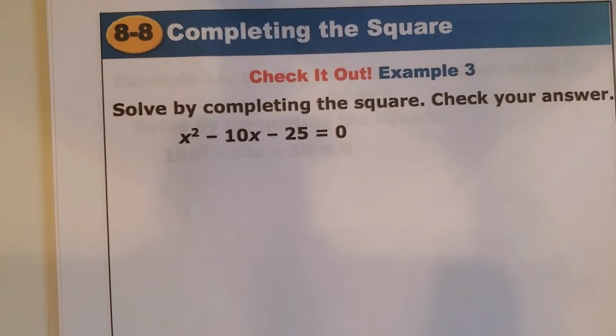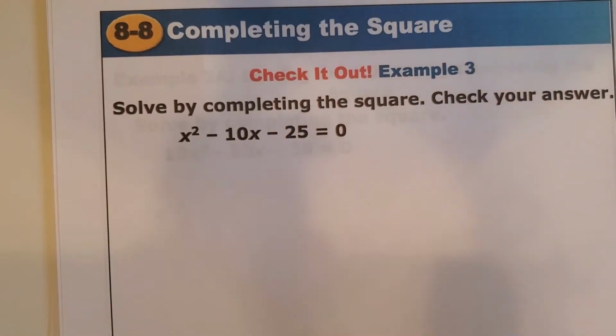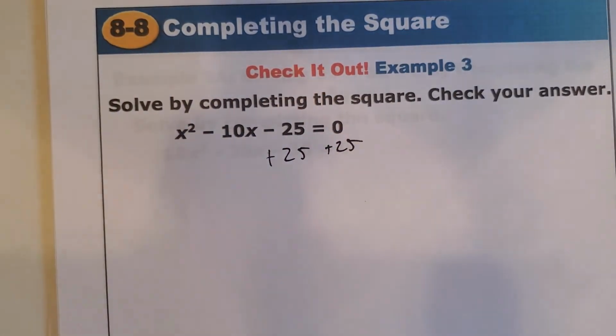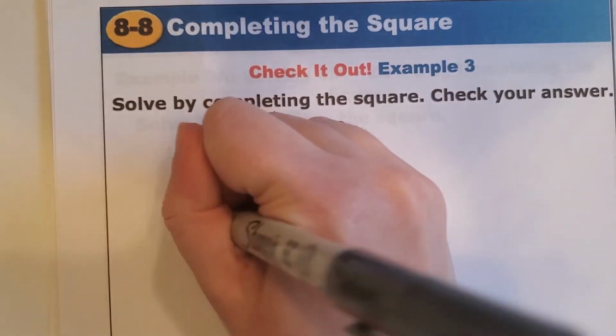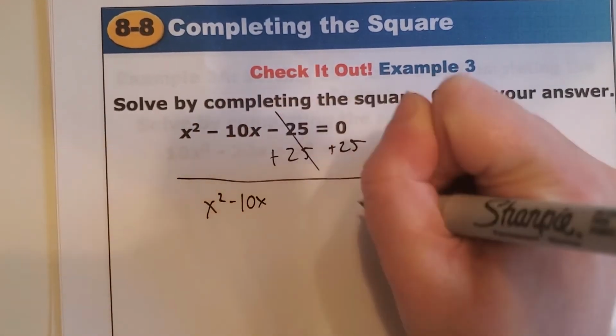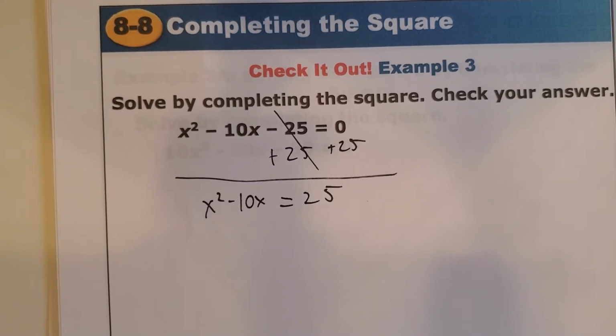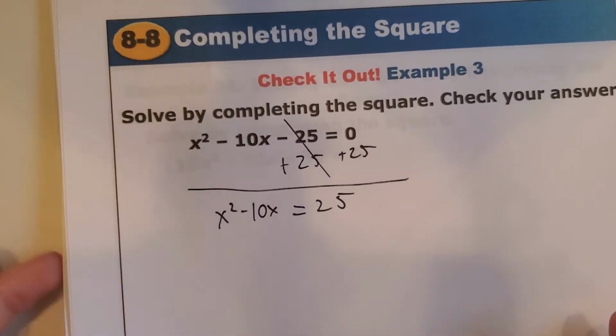It's the same kind of thing as before. It's not in the right format, but all you would have to do to get it in the right format is just add 25 to both sides. So now it is in the x squared plus or minus bx equals c format that we want.